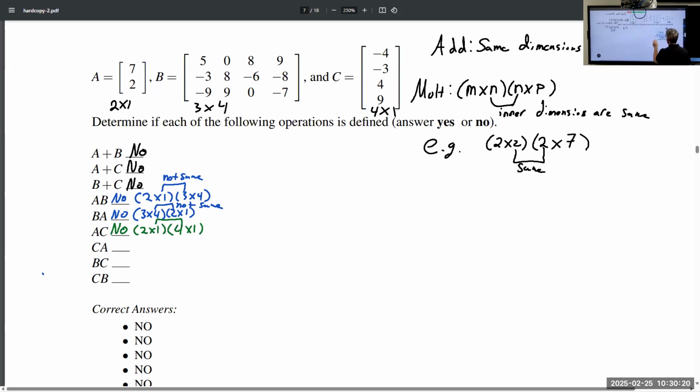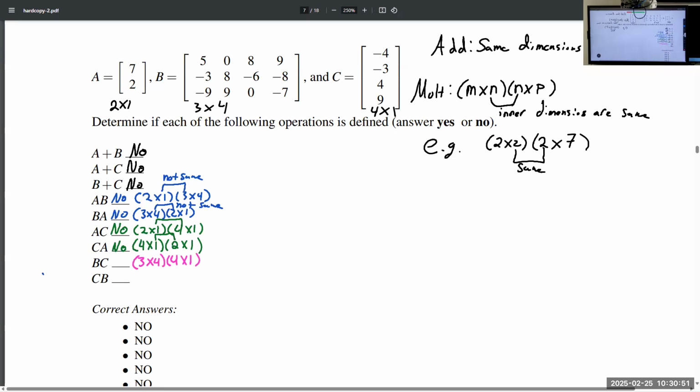What about CA? That's 4 by 1 and that's 2 by 1. And those inner dimensions are not the same. So I would put no. What about BC? 3 by 4, 4 by 1.